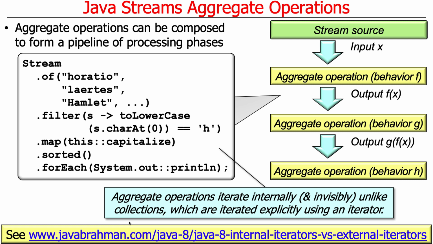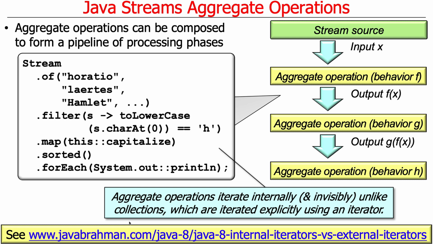Unlike collections, which historically have been iterated explicitly using an iterator. You just got done implementing an iterator for assignment 1B, and that's an example of an external iteration mechanism, because you use it by externally getting an iterator to your collection and then saying, while has next, do something with the results, and you keep iterating over it.